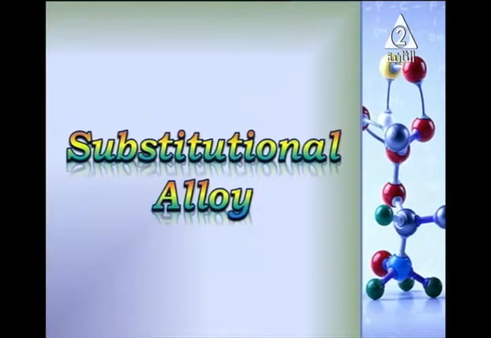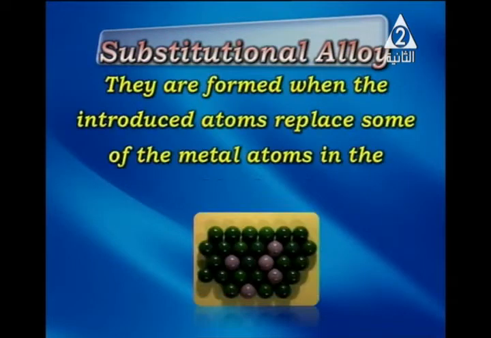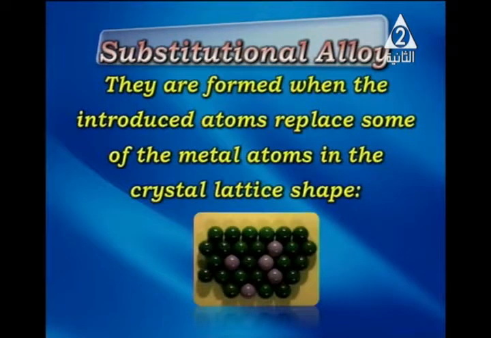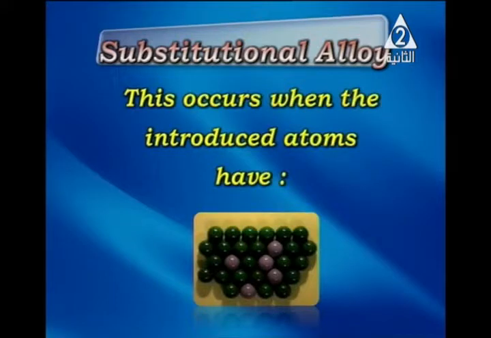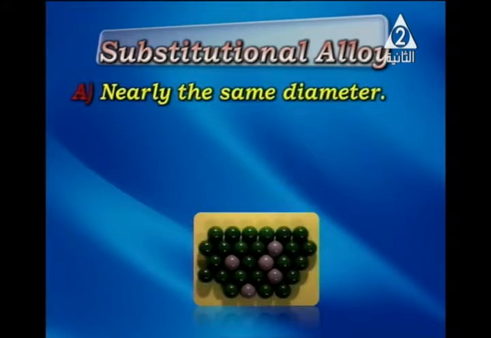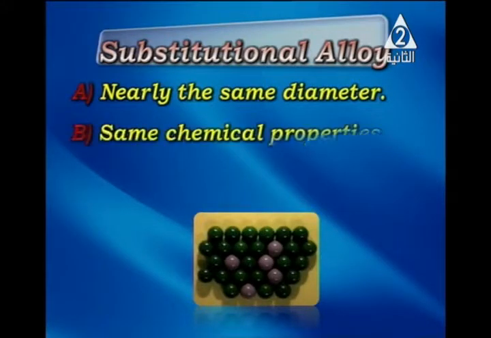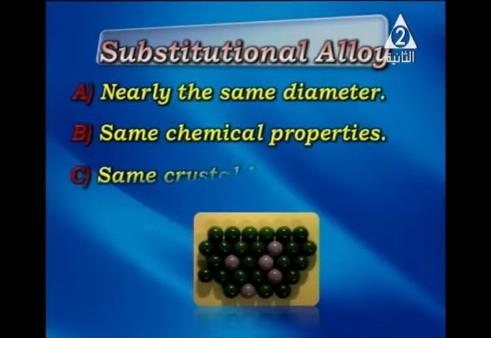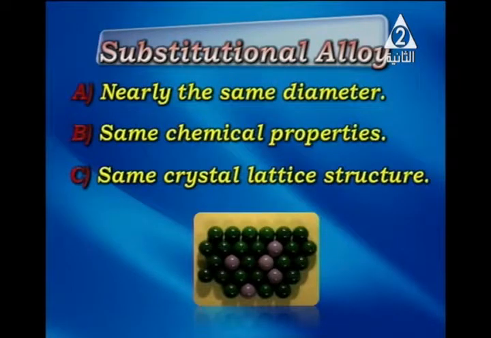The second type we are going to discuss is the substitutional alloy. Here, the alloys are formed when the introduced atom replaces some of the metal atoms in the crystal lattice shape, and this occurs when the introduced atoms have the following conditions: nearly the same diameter, same chemical properties, and same crystal lattice structure.